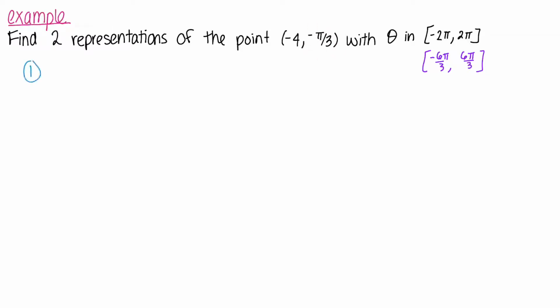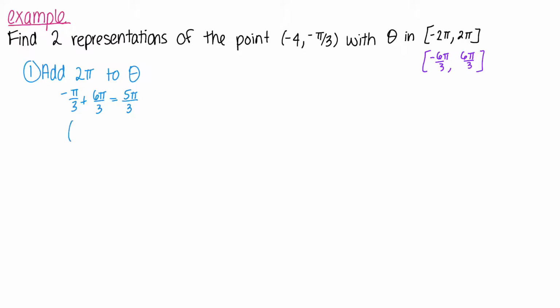So my first one, I'm going to add 2 pi to theta, and you don't change the r value when you do this. So negative pi over 3 plus 6 pi over 3 is equal to 5 pi over 3.